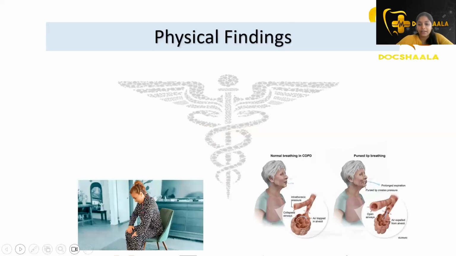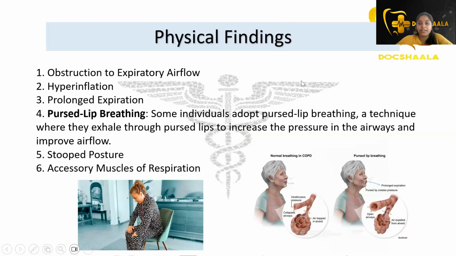Then physical findings. What does the physician find in these people? Obstruction to the expiratory airflow. Expiratory airflow is obstructed. Hyperinflation, prolonged expiration, and pursed lip breathing. This is important. Pursed lip breathing, here in this image.